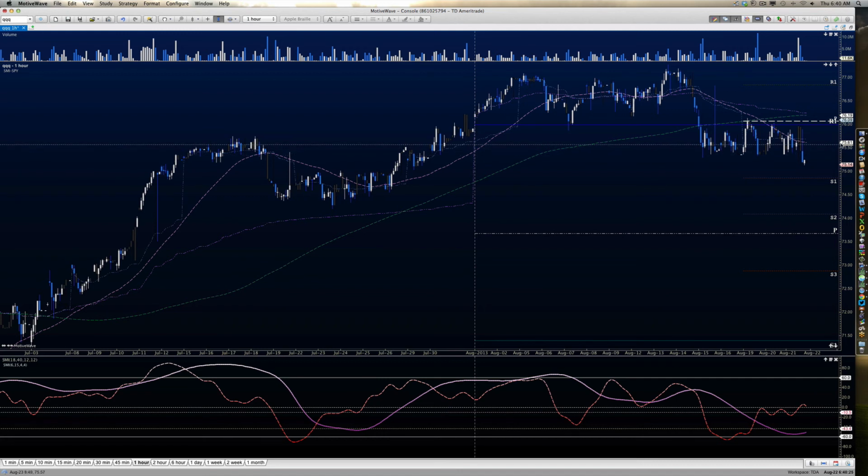If this comes back up to 75.61 and cannot hold it, this is going to traverse more than likely past here and down into here, right? 74.37. That's what we're looking for right here. Watching for the pop and then the rejection at the 50.